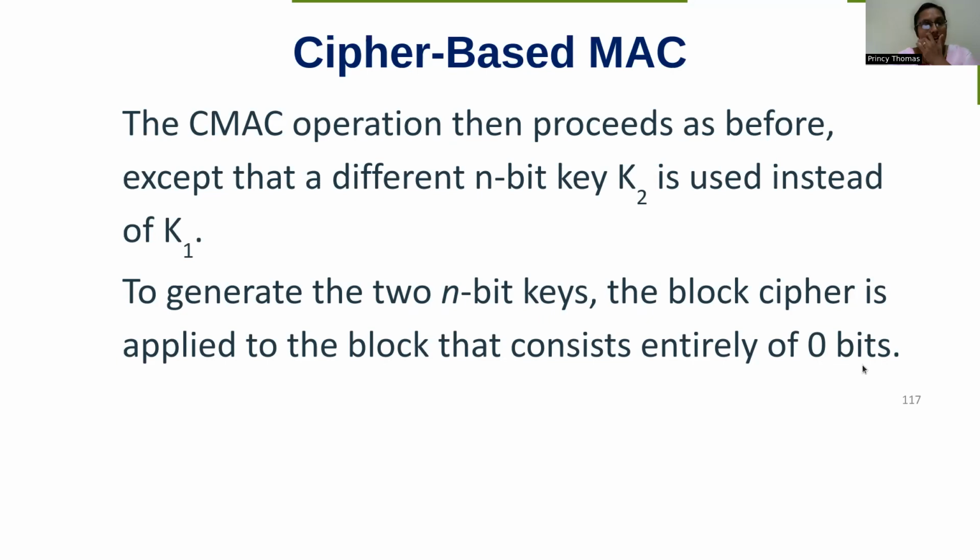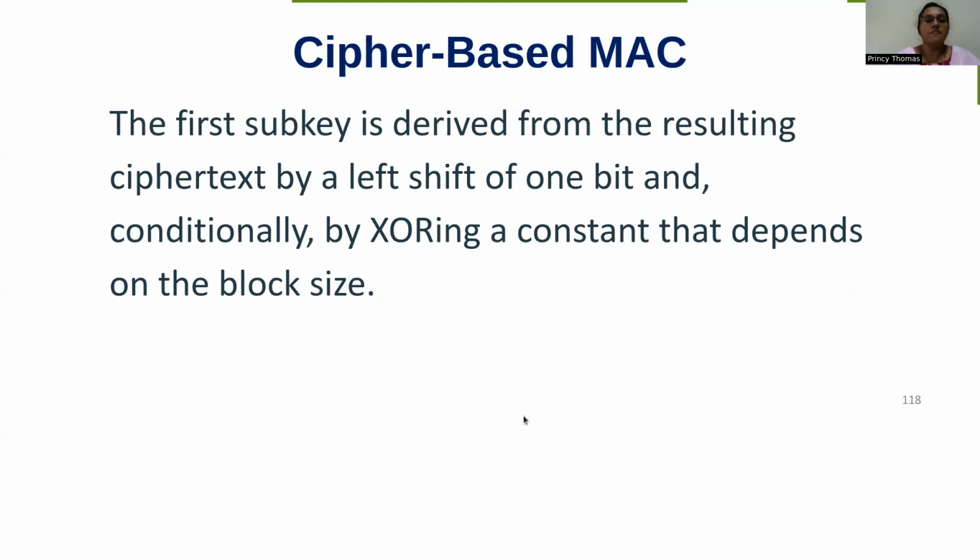The first subkey is derived from the resulting ciphertext. The input is a 0-bit block, only zeros.